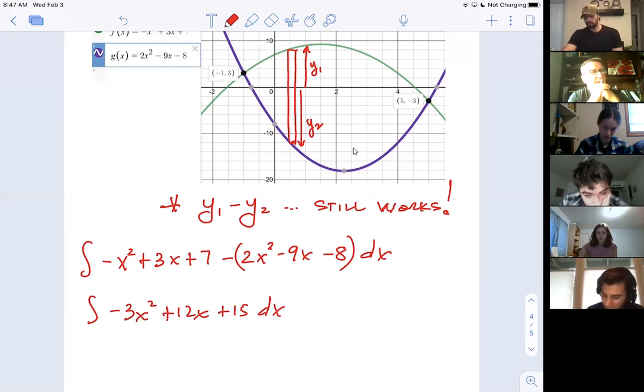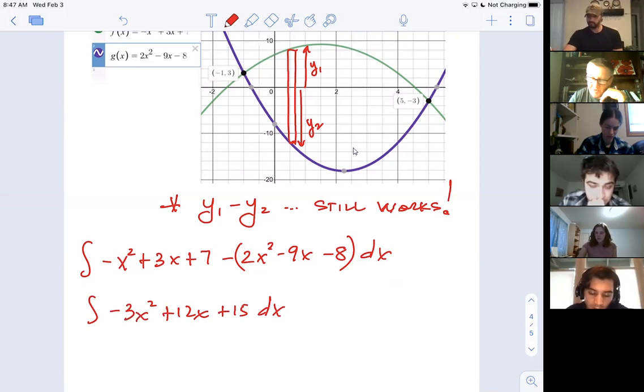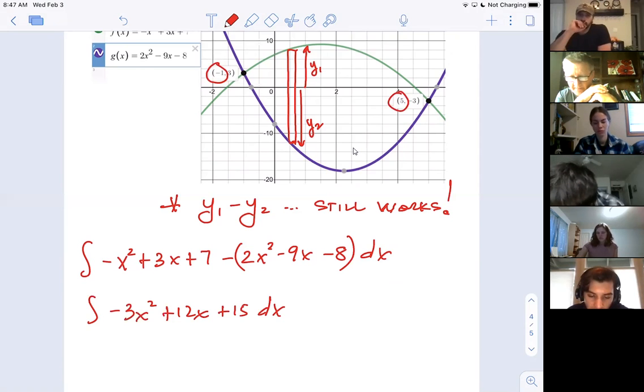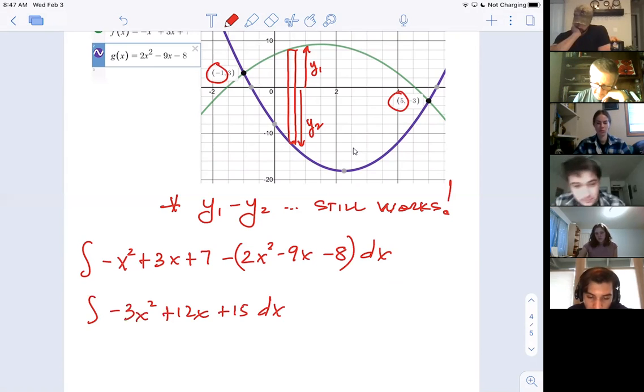Now notice I cheated on Desmos again, and Desmos told me where they intersected. And notice again, we're working with x values. And therefore, what am I interested in? Well, I'm interested in that x value and that x value. I don't care about the y being negative 3 and positive 3. I care about x is negative 1 and x is 5 because I'm working with x's.